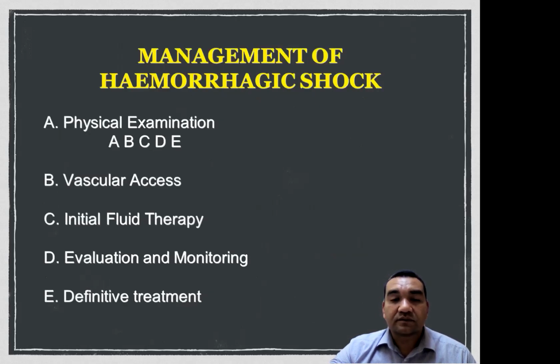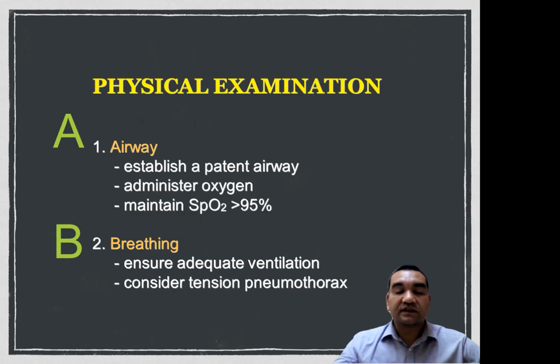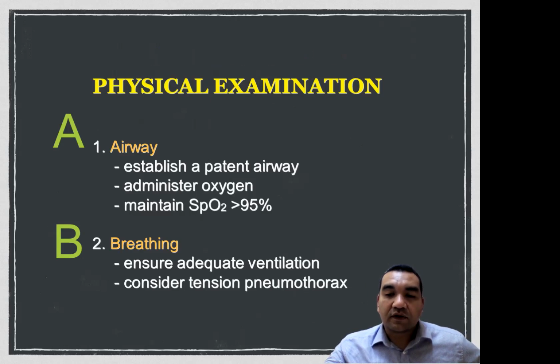Management of hemorrhagic shock basically has five steps. First is physical examination, then vascular access, initial fluid therapy, evaluation and monitoring, and lastly, definitive treatment. For physical examination, what should we do? First, assess the airway. As usual, the airway must be patent, administer oxygen, but do not forget cervical stabilization as well.